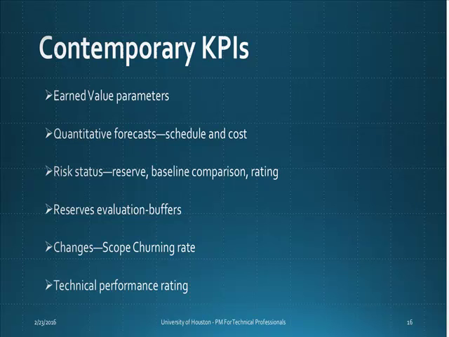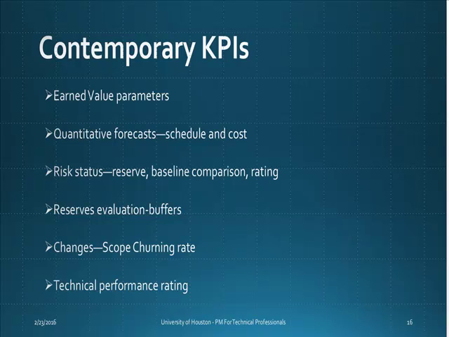Reserves evaluations: we talked about buffer, and in general practice we should set a buffer equivalent to 50% of our project duration. But that will change from industry to industry, right? And you will have to evaluate what is the most effective buffer size to incorporate in your project planning.